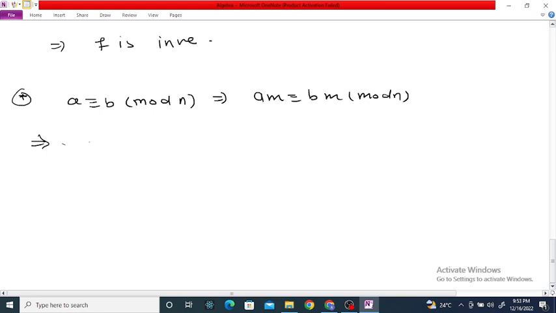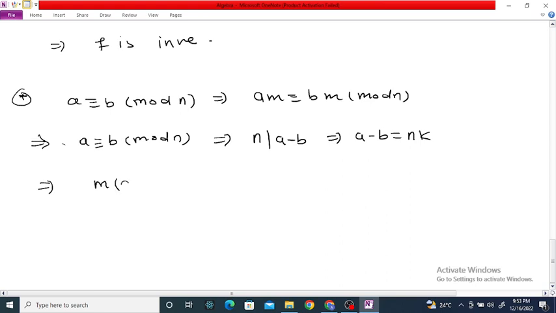Since a congruent to b modulo n implies n divides a minus b, this implies a minus b is equal to nk. Now if you multiply both sides by m, we get m into a minus b is equal to mnk, that is mk times n.